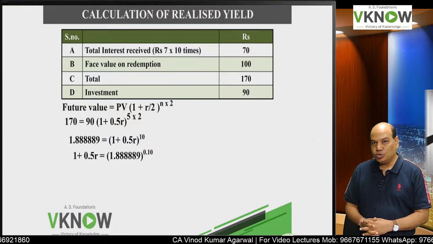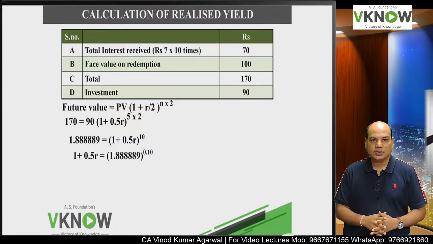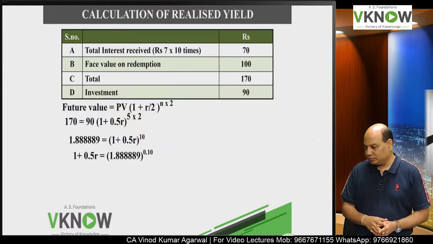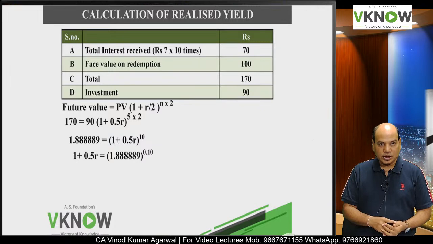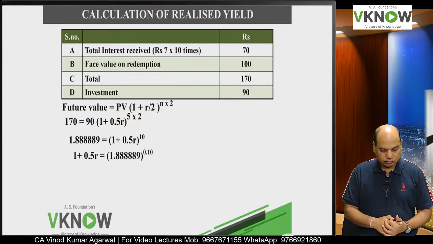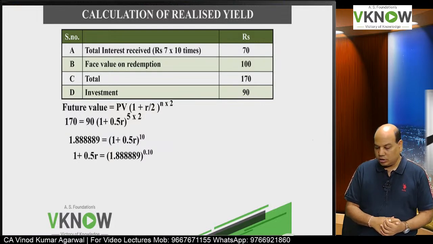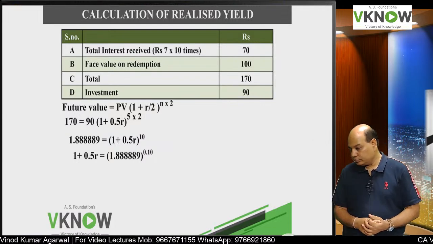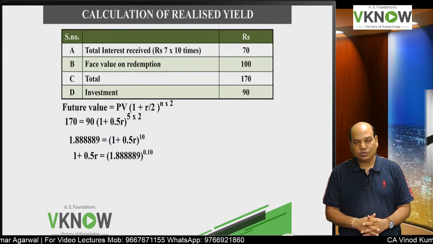So now you have to use your calculator trick to solve this part. I'll give you some seconds to try. Okay, try and give me the answer for R. I have already explained in the last few lectures how to get it.